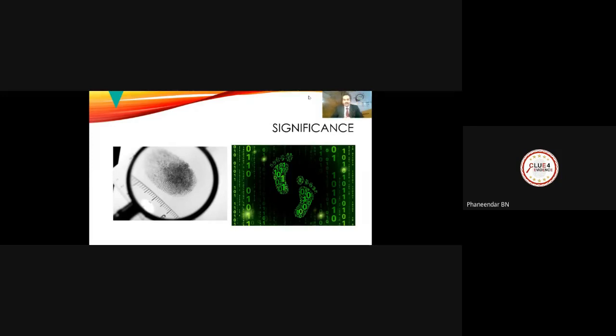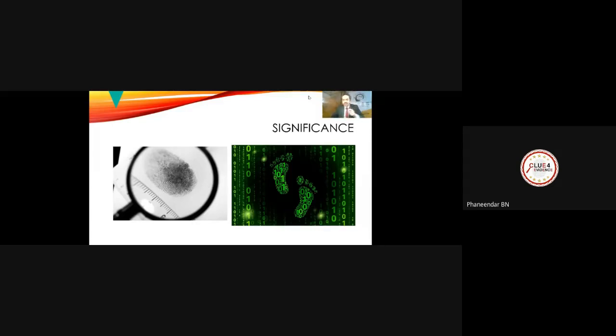Fingerprints have a different weightage of evidence, but digital footprints, when we discuss them, you can never erase at all. Once it comes onto the digital platform, there is nothing called erasing of the digital record.